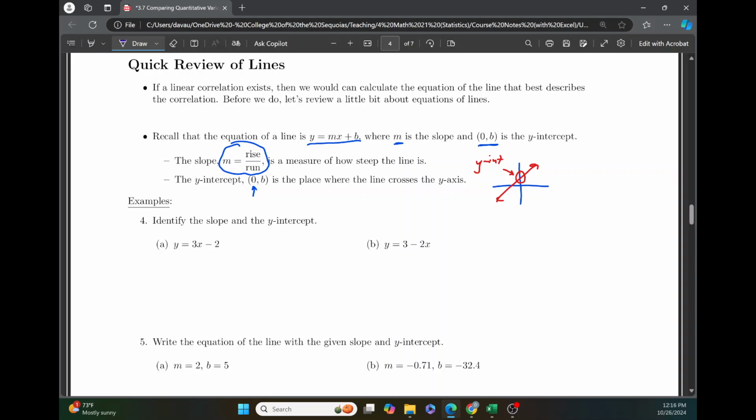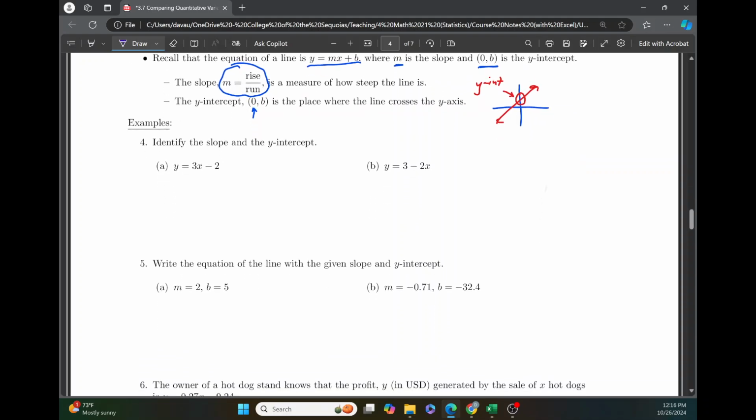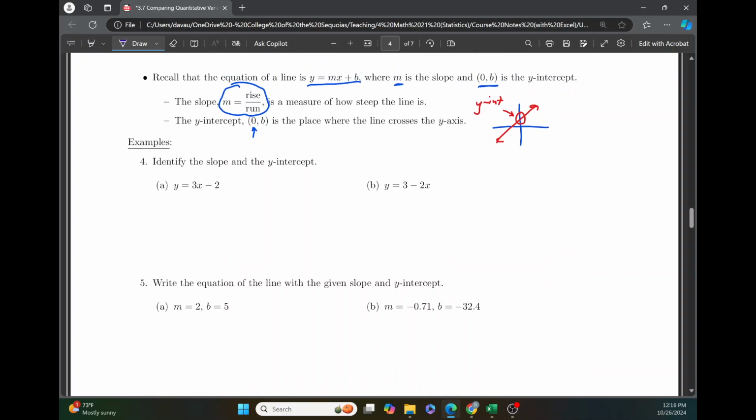Okay, let's just practice identifying slopes and y-intercepts. Again, remember the form is y equals mx plus b, where m is the slope. So the slope is the thing that you're multiplying by x. In part A, the slope would be 3.